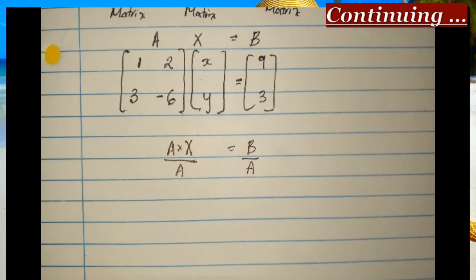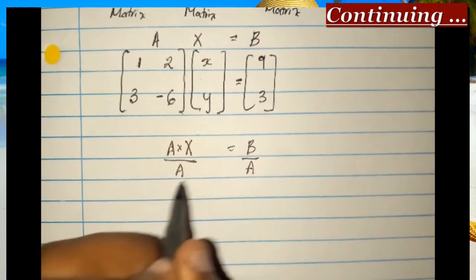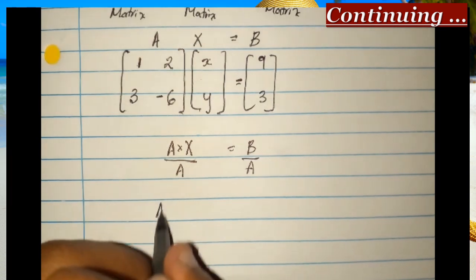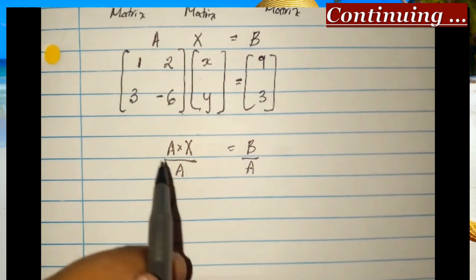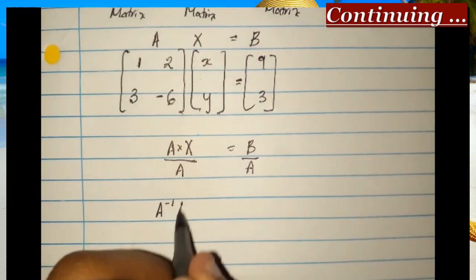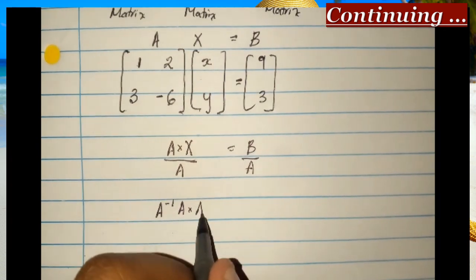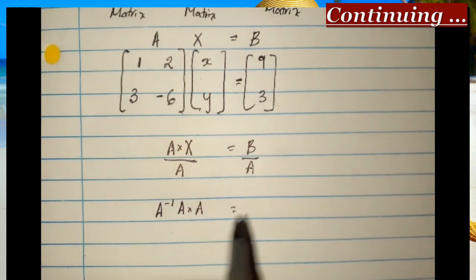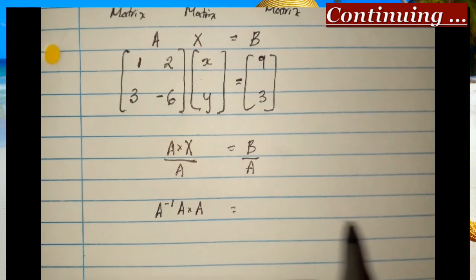Now remember, we cannot divide in matrices, so we have to use another method. Remember the hacks? We can rewrite this divided by A as A inverse multiplied by the numerator, AX. And if we do that on the left, we can do it on the right as well.